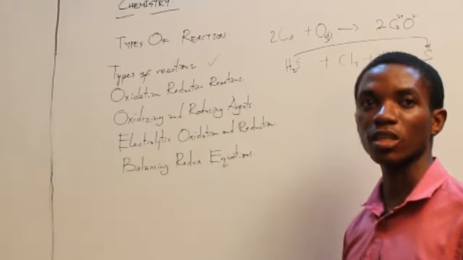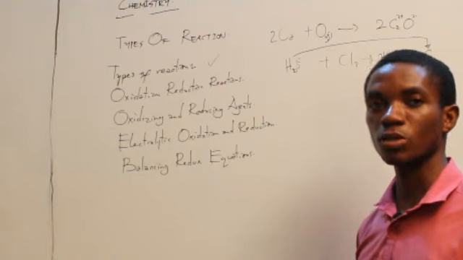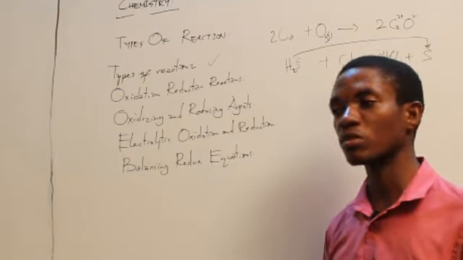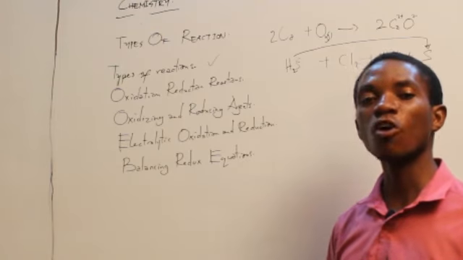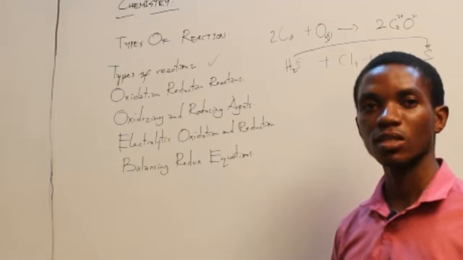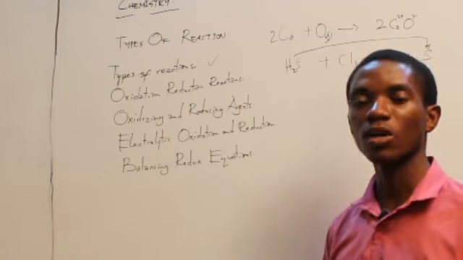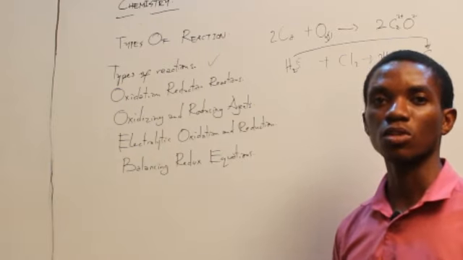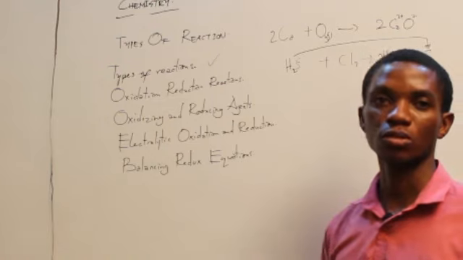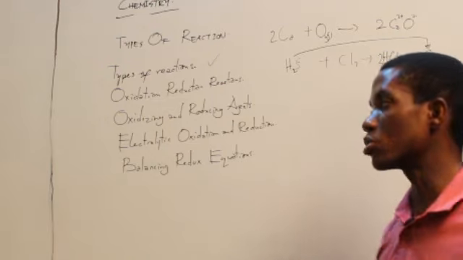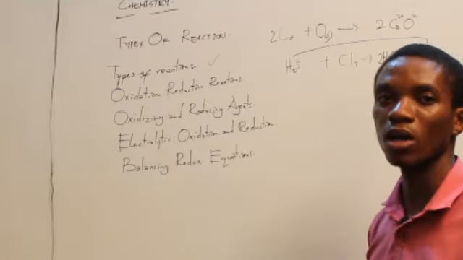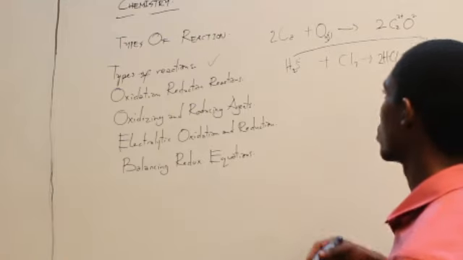Another way to check the oxidation of a substance is to consider the introduction of a more oxidizing substance, or a more electronegative substance, to the reaction.